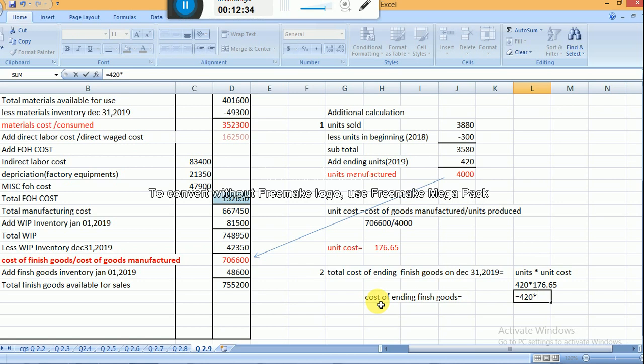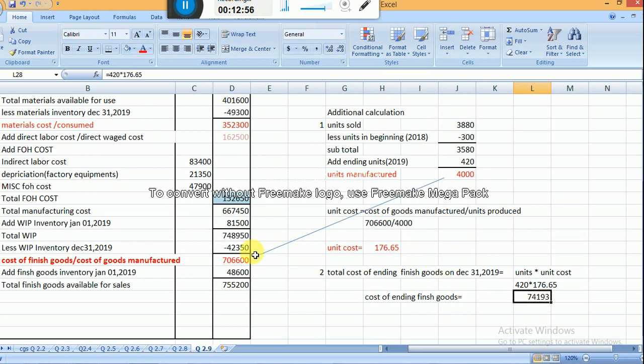The unit cost is 176.65. So the cost of 420 units will be 74,193.